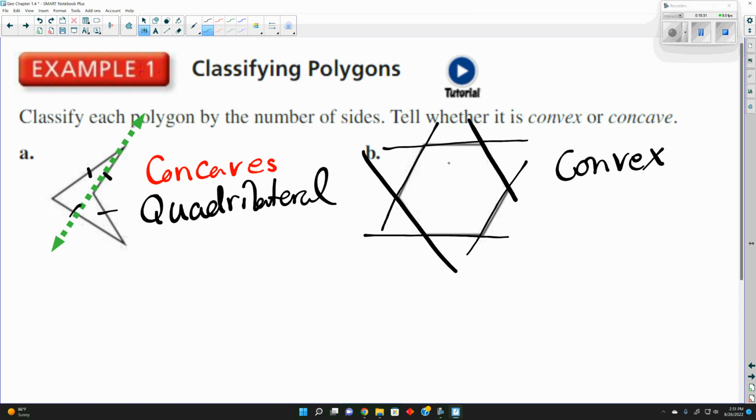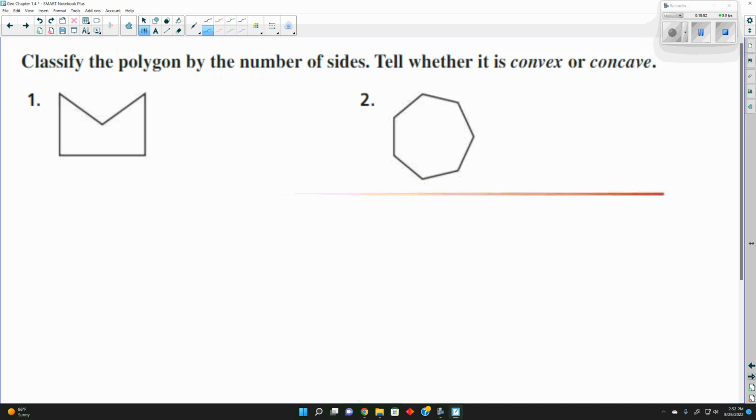So 1, 2, 3, 4, 5, 6 is a hexagon. 6 is hexagon. Questions on this here? I think we might have 2 more.